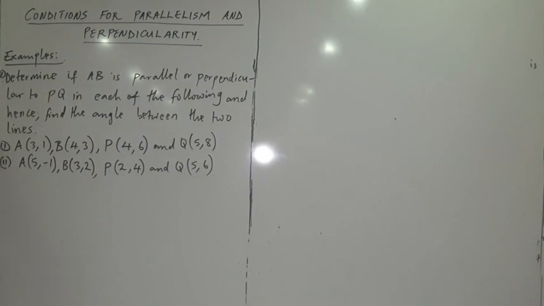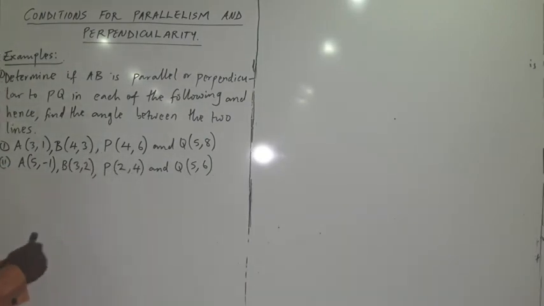For figure 1, we have line AB and line PQ. For line AB, we have A of coordinate 3,1, B of coordinate 4,3, and point P of coordinate 4,6, and Q of coordinate 5,8.